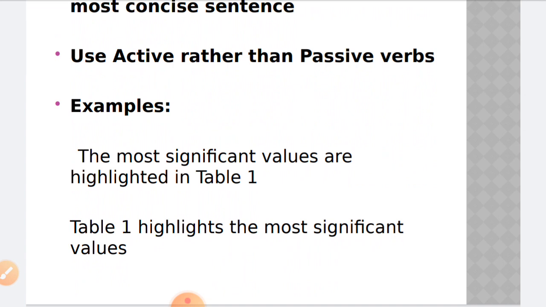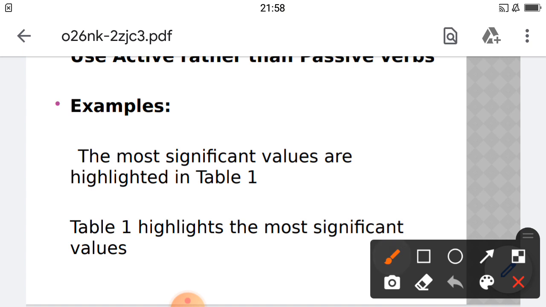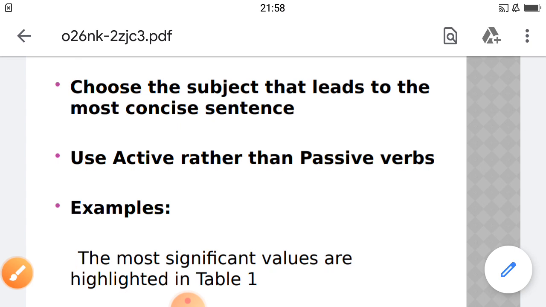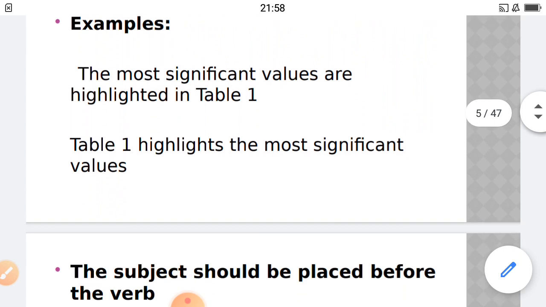As far as correct word order is concerned, the second sentence sounds more appropriate. Thus, we need to keep in mind that we need to choose the subject that leads to the most concise sentence. Sentences should be brief and to the point, and also use active rather than passive verbs in a sentence.